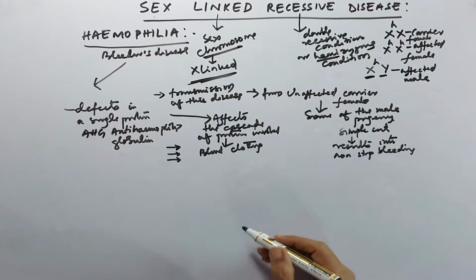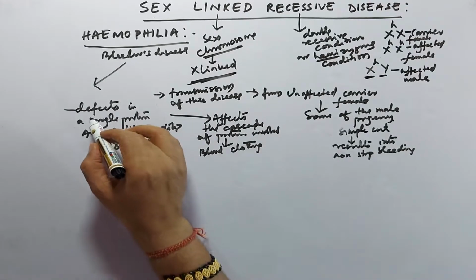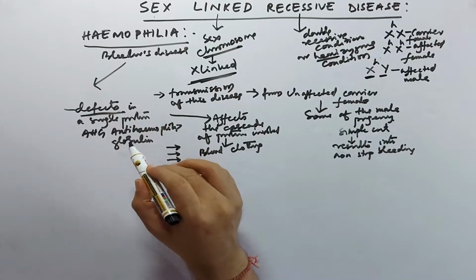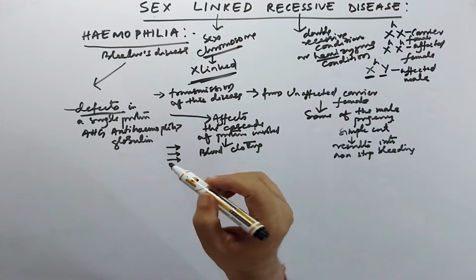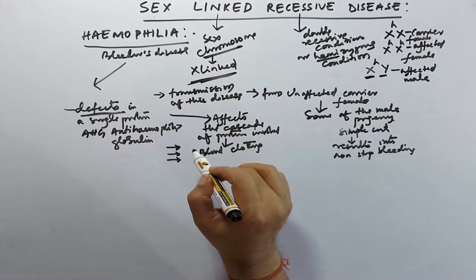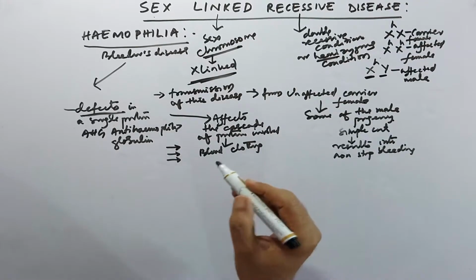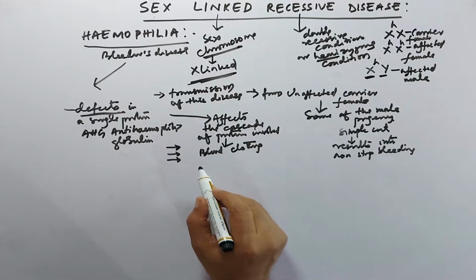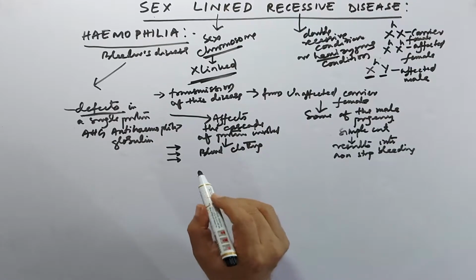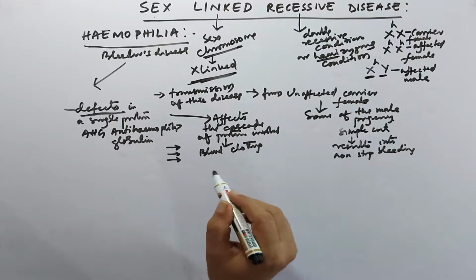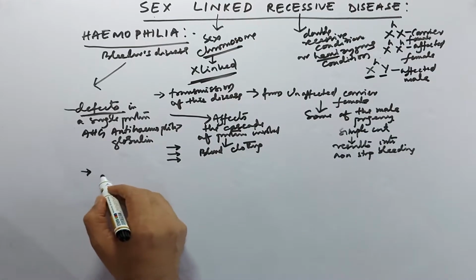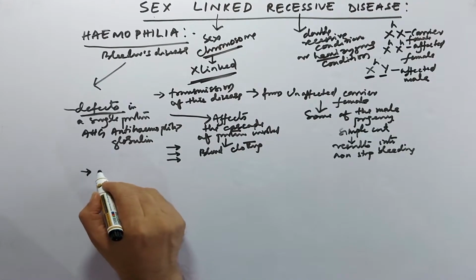Because of the defect in a single protein, the series of reactions will be affected, and finally the non-clotting situation occurs. So this is called hemophilia disease.